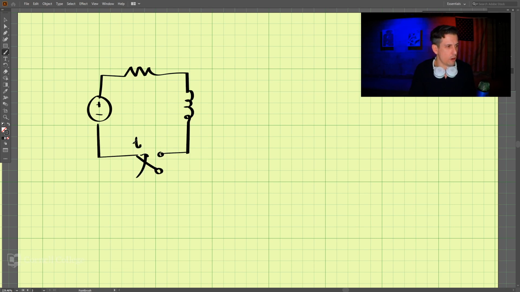And this will close at time equals 0. At time equals infinity, this inductor will act like a short circuit. So the circuit will look like this.